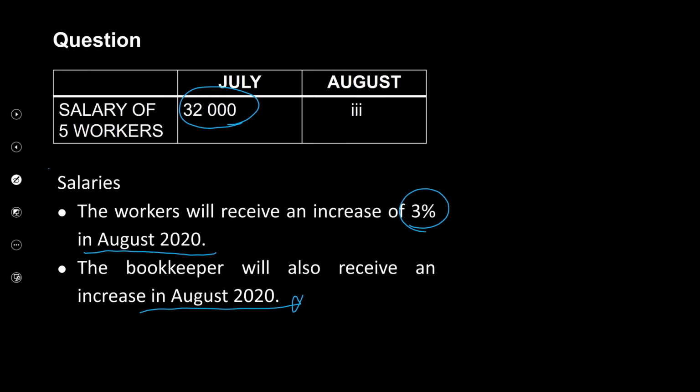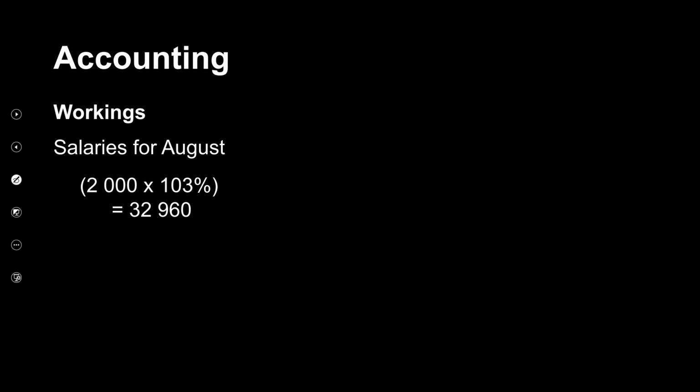So there's my 32,000 of all 5 workers, right? Immediately, you can see that there's an increase for those workers. And how do we take that? We say, look at the amount they receive an increase of 3%, right?